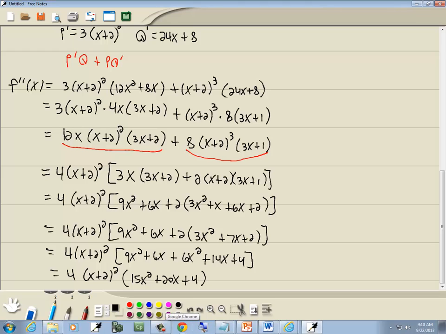Okay, let me jot that down since I'm out of room. That's our second derivative: 15x squared plus 20x plus 4. Okay, let me start a new page.